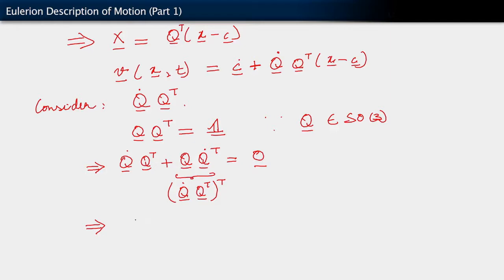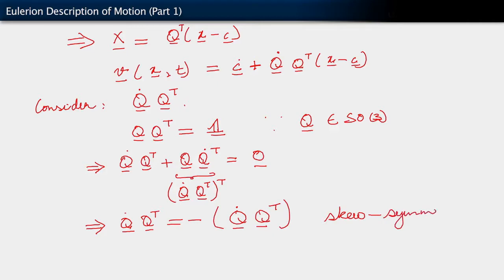What this implies is, I'll write it out in detail here, Q dot Q transpose is equal to the negative of its own transpose, right? Which implies that it is skew symmetric.